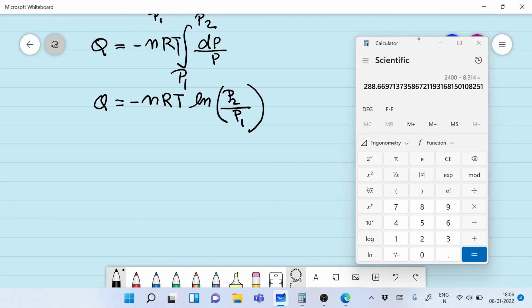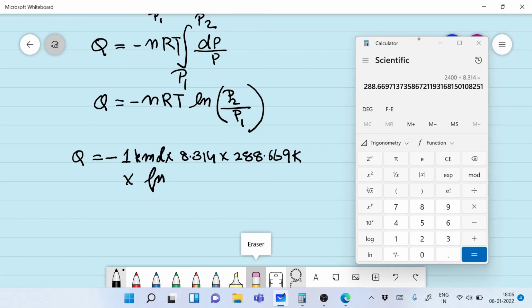Now let's go ahead and calculate it. So Q is going to be minus 1 kilomole, R is 8.314 into temperature 288.669 kelvins into the log natural of the pressure ratios. So that's going to be equal to, the initial pressure is 600, and the final pressure is 1200.